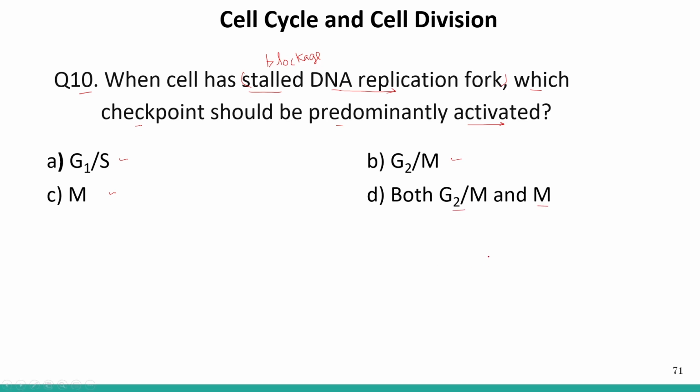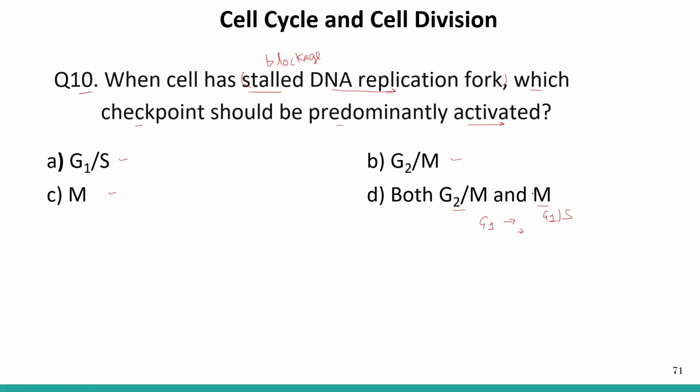So let me first give you some background about this. There are 3 checkpoints during the cell division. First is the G1 checkpoint, which is at the transition of G1 and S phase. During this, what happens?